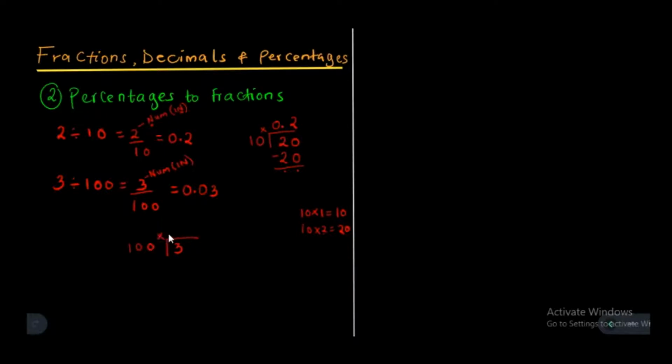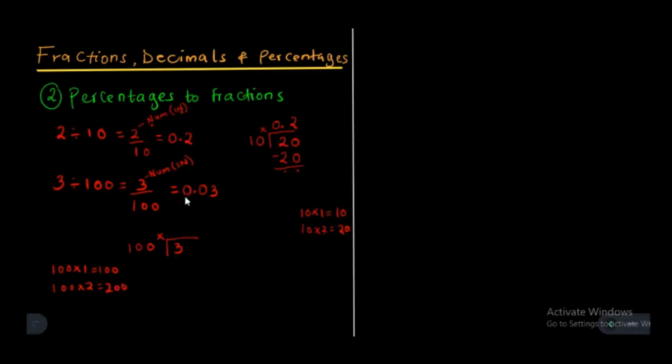Here I'm considering the 100 times table. I ask myself, 100 times what gives me 3? If you know the 100 times table, it's 100 times 1, which is 100, and 100 times 2, which gives you 200. So in this case, there's no number in the 100 times table that is less than 3.